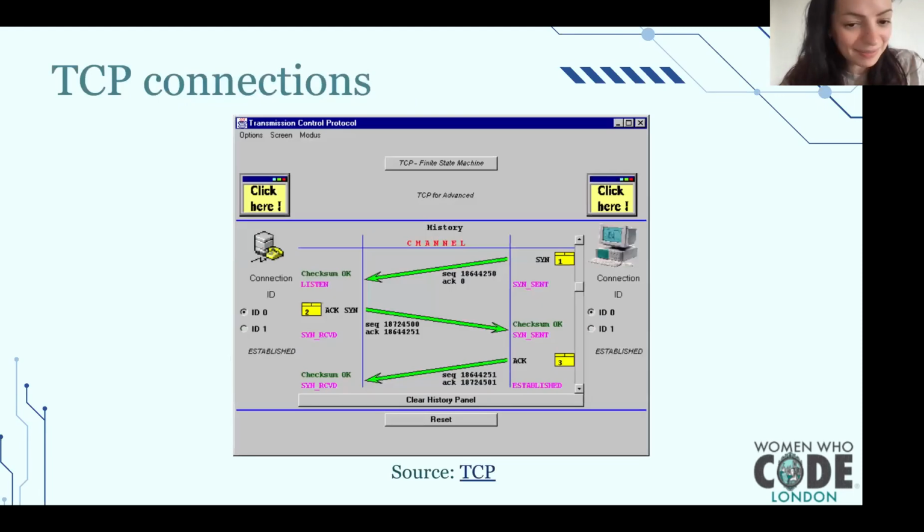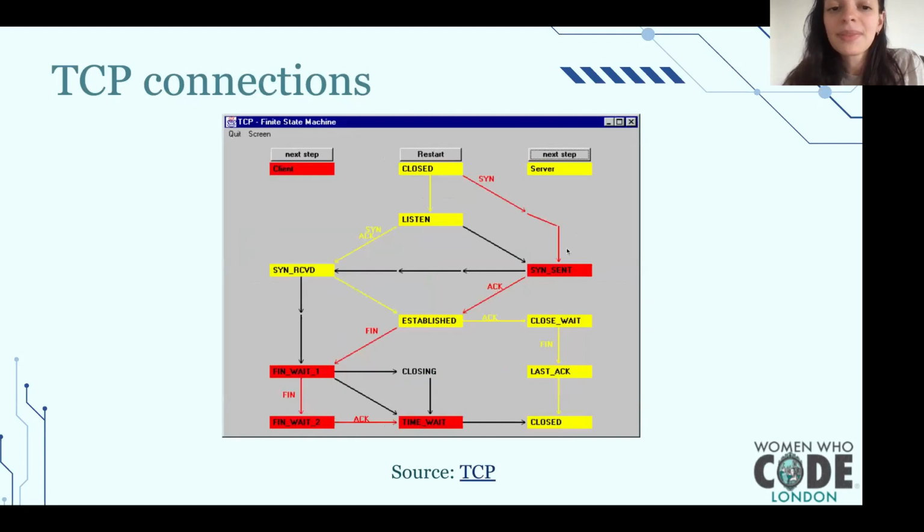TCP connections, TCP sessions. They also have several states, and it's very easy to describe these states with the state pattern. If you look at the actual states of a TCP connection, there are different states for client and server.